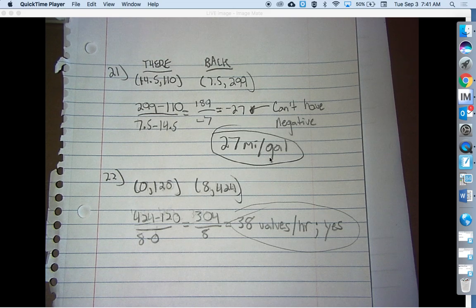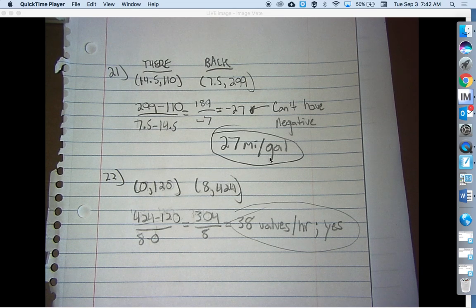I got negative 27 because that's how much gas you lost, or how many miles per gallon you lost, I guess, and that's how I got 27 miles per gallon. So the answer is going to be negative because as you're driving, you're losing fuel. So that's why you have a negative answer there. However, when you're talking about miles per gallon and fuel efficiency, we always say that it is 27 miles per gallon.